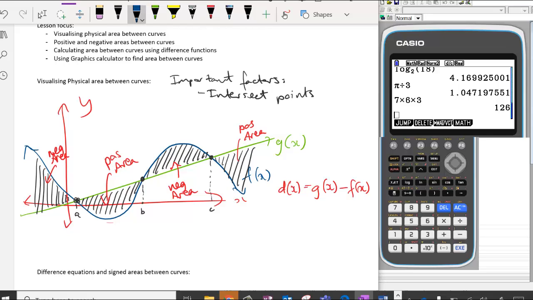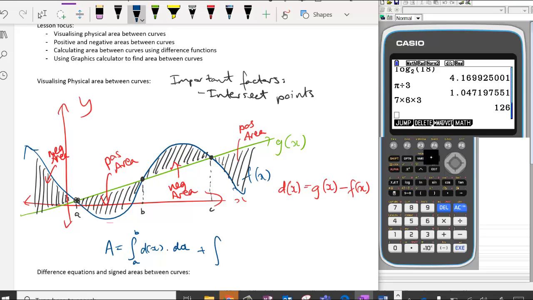So if I wanted to calculate the area bound by the two functions, I would say area is the integral of our difference function with respect to x between a and b. As that's a positive area, it will just be a to b.